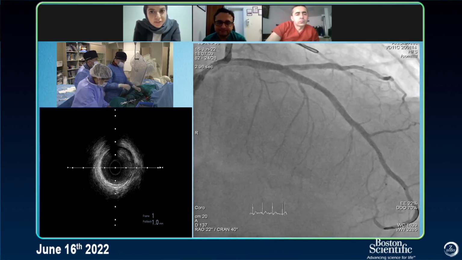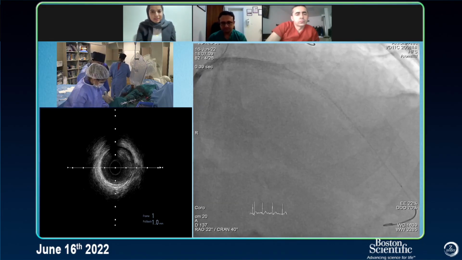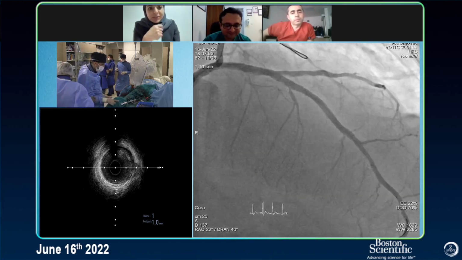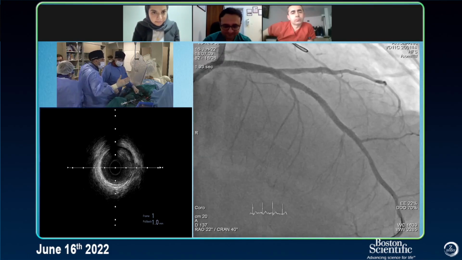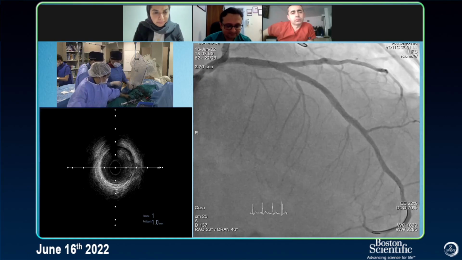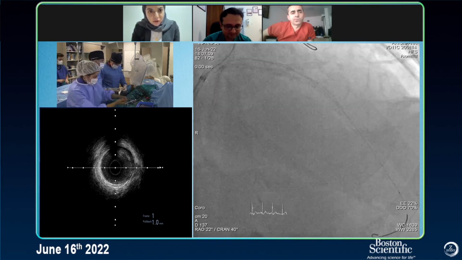Okay, let's do. If we need that, we have the graft stent anyway. We have 4, yeah? For the sake of time, I think we do again 3.5 but more 3.75. Okay, so 3.75.